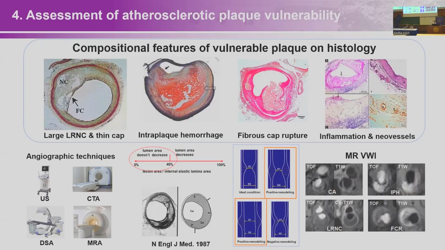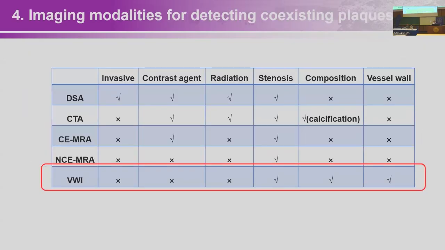So MR vessel wall imaging can directly visualize the vessel wall itself, and it is the ideal imaging approach to evaluate plaque vulnerability. For the imaging modalities to detect coexisting plaques, DSA, CTA, and MRA can visualize the luminal stenosis, but there is no vessel wall information.